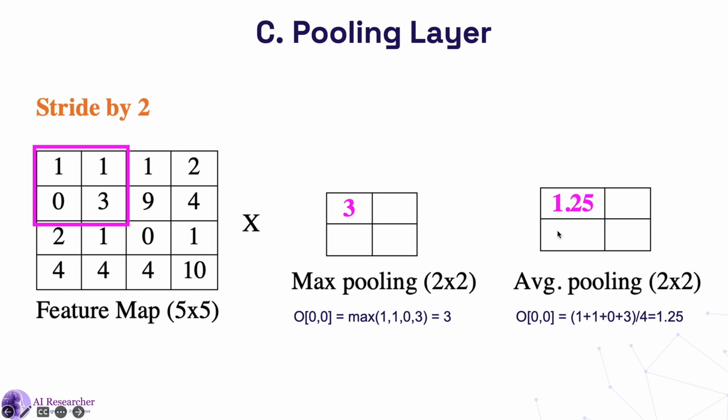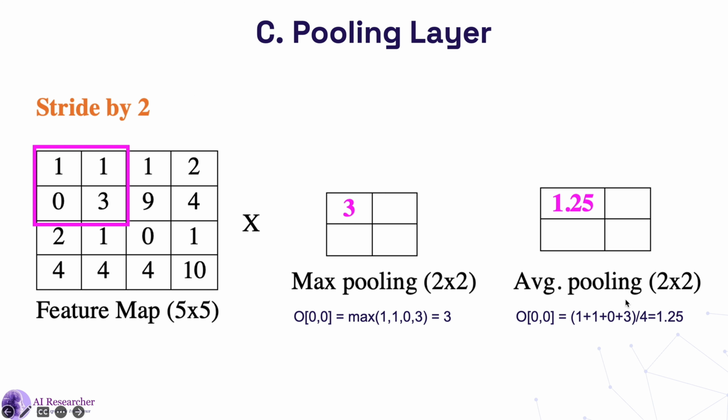Average pooling calculates the average value within each window. So here the average of 1 plus 1 plus 0 plus 3 divided by the number of elements of this window is equal to 1.25. So that's how we calculate the value using average pooling.